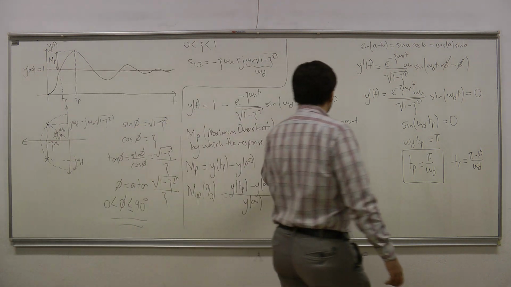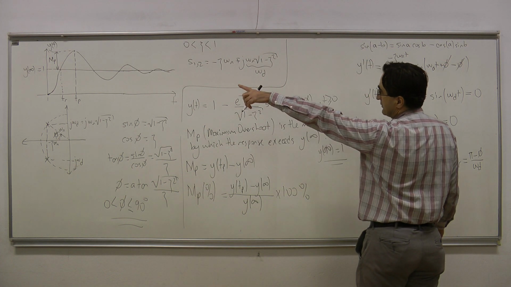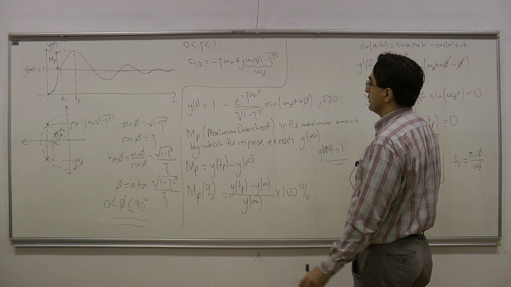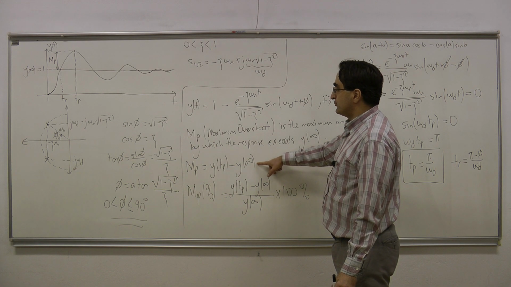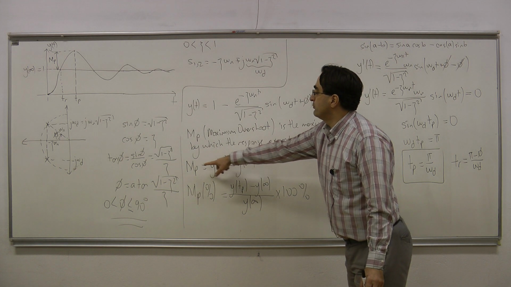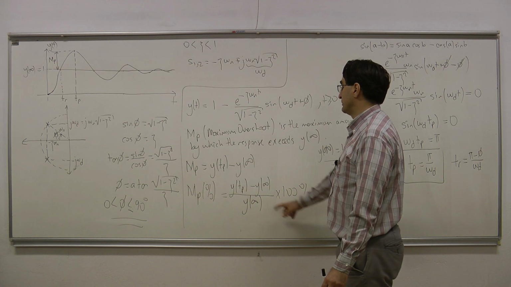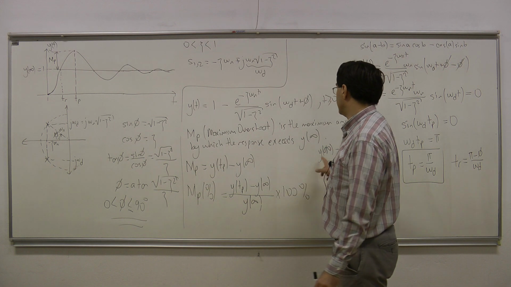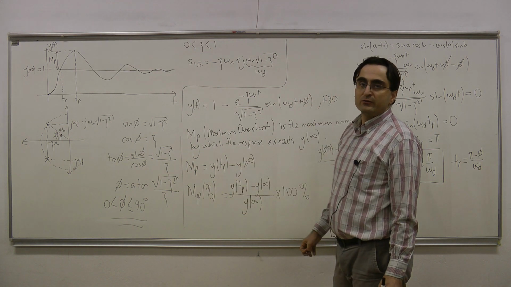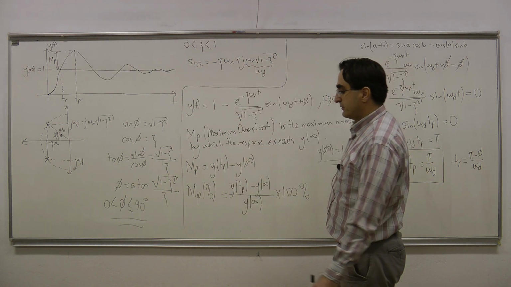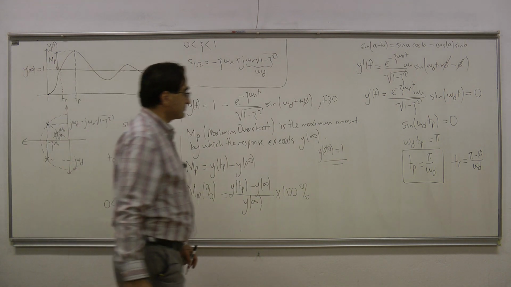And in our case here, y infinity is equal to 1 in that response. Now let us try to find what the maximum overshoot is. The formula for the maximum overshoot will also be equal to the percent overshoot, because y infinity is equal to 1 in this case. But this percent overshoot formula would always be valid, even if we don't have a system in standard form.